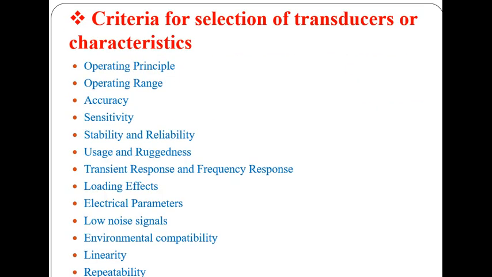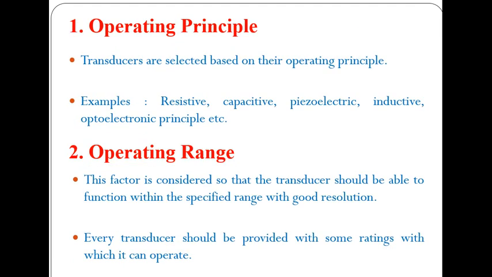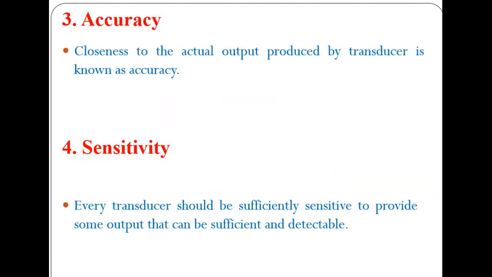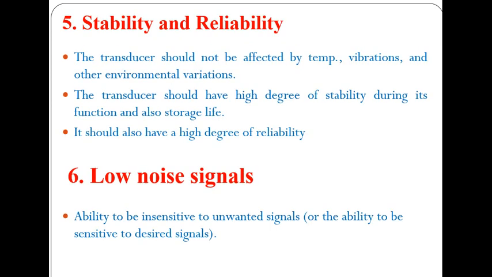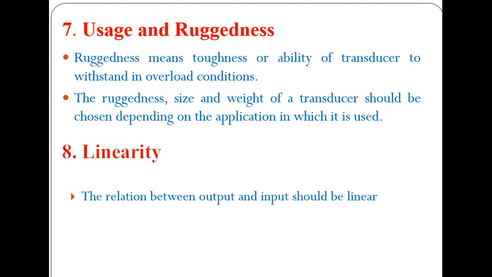Then after that we have seen different criteria for selection of a transducer for applications, like operating principle and operating range. We have discussed accuracy and sensitivity. After that we have discussed stability and low noise signals. The next selection criterion is usage and ruggedness.